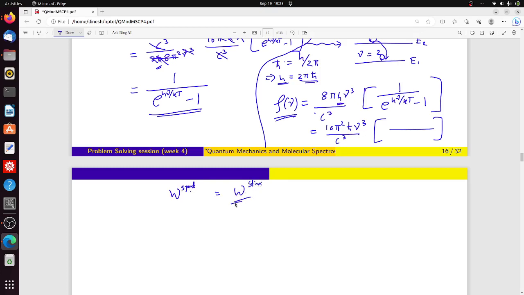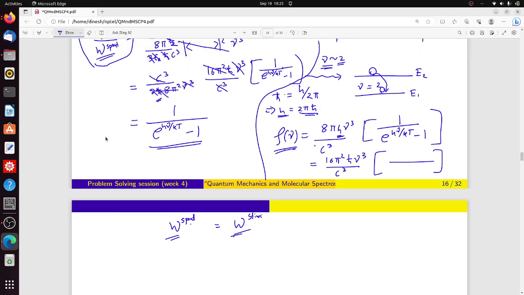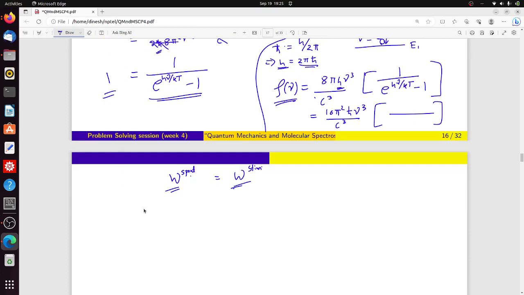So according to this we should have this ratio to be 1, right? Now if we solve this, this should be 1, then e to the power h nu over kt minus 1 equals 1.